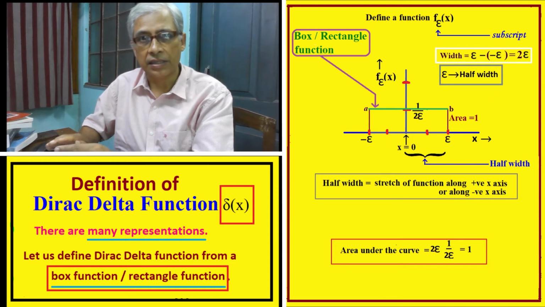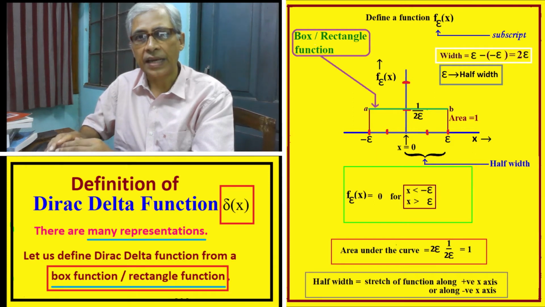Now it is clear that for this reason the rectangle was chosen to have a height 1 by 2 epsilon and width of 2 epsilon, so that they cancel out while evaluating the area under the curve AB. The area calculation is shown in the red box down under, and it is width 2 epsilon into height 1 by 2 epsilon.